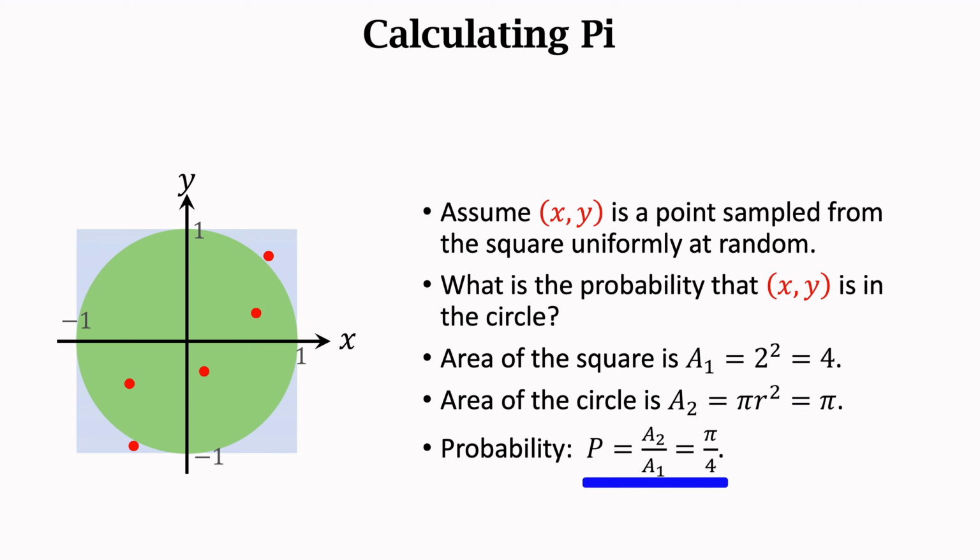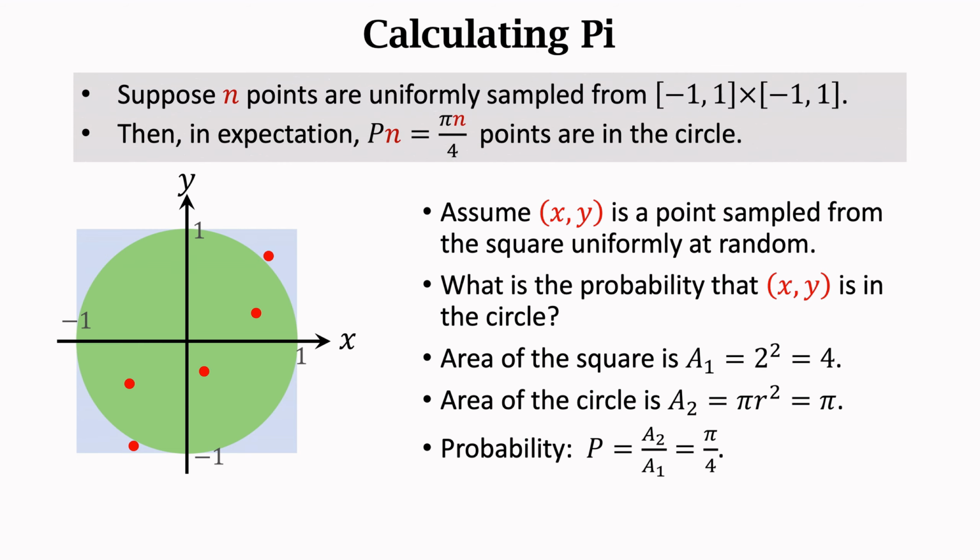Here, pretend that pi is unknown, and we seek to find pi. Let's uniformly sample n points from the square. Every point falls inside the circle with probability p, and this process is repeated n times.